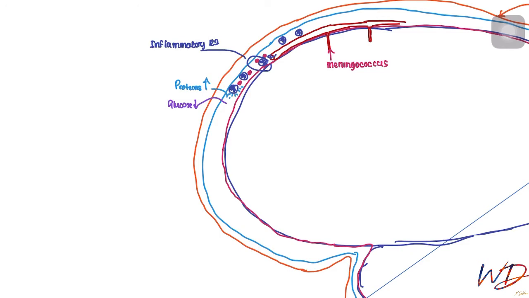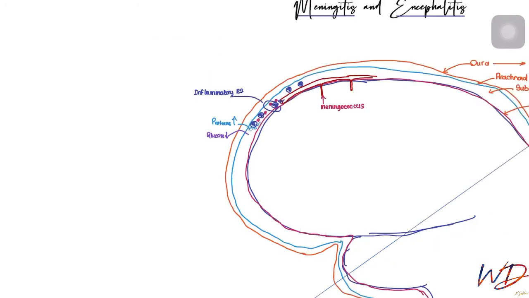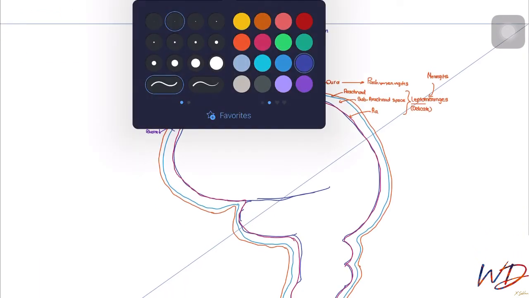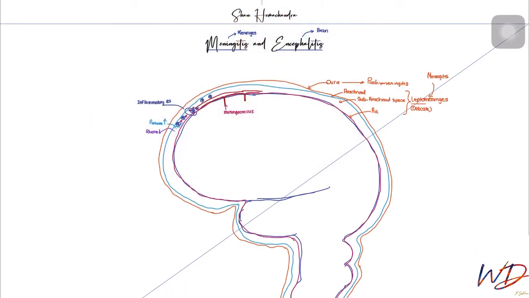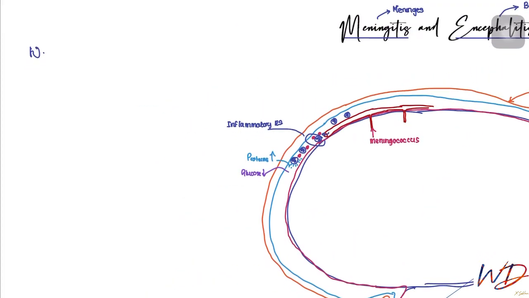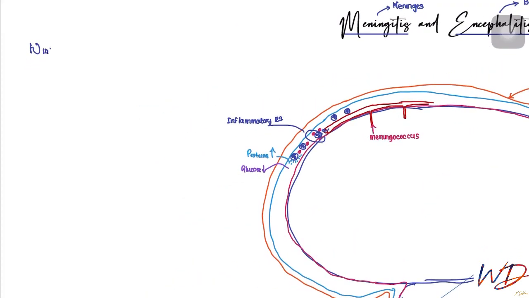This patient will have several signs and symptoms. What is important here is this type of meningitis we are discussing is common during the winter and spring, in children less than 10 years of age.